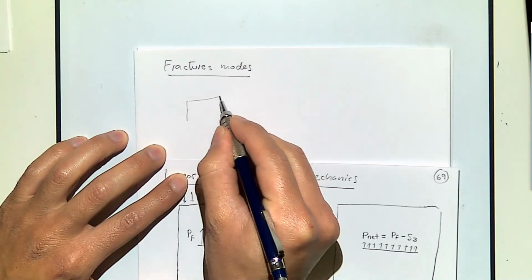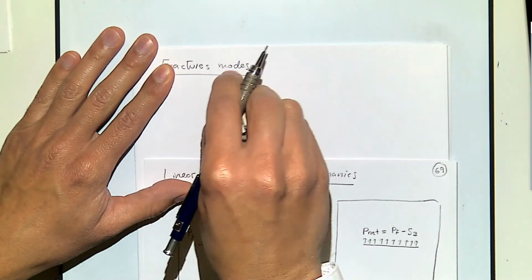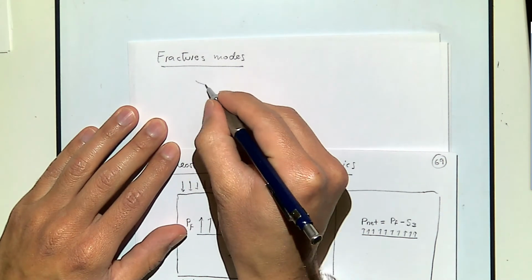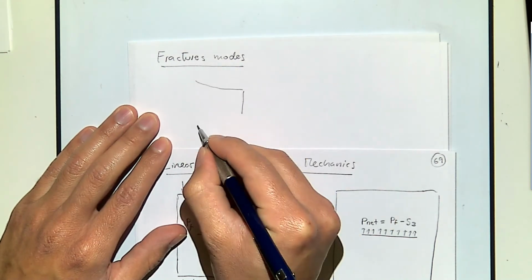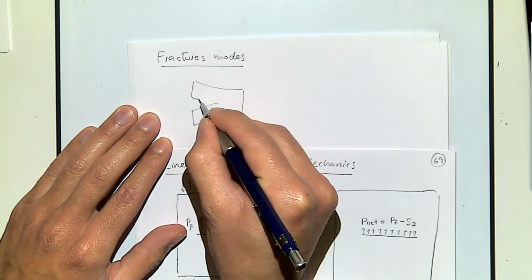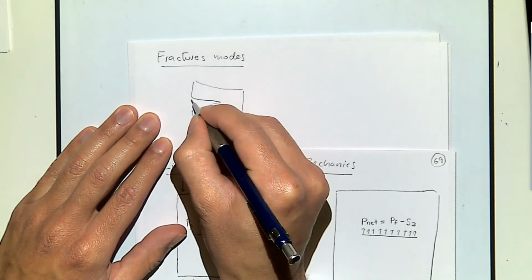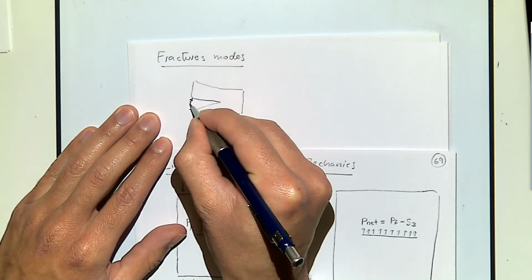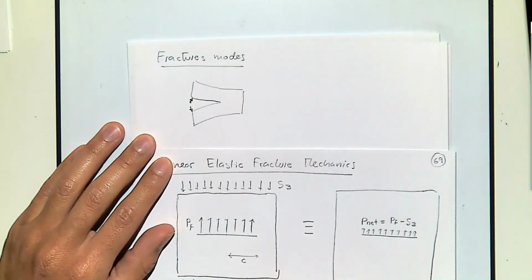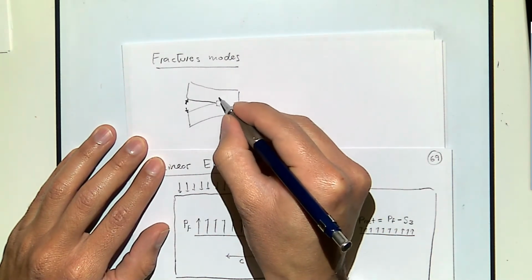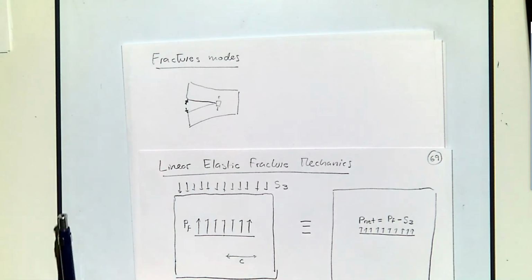Let me draw it in the other direction so it's consistent with my other drawings. In mode number 1, we propagate a fracture by pulling apart a solid, and the faces of the solid go in opposite directions, so that here at the tip we have a very clear state of tension.